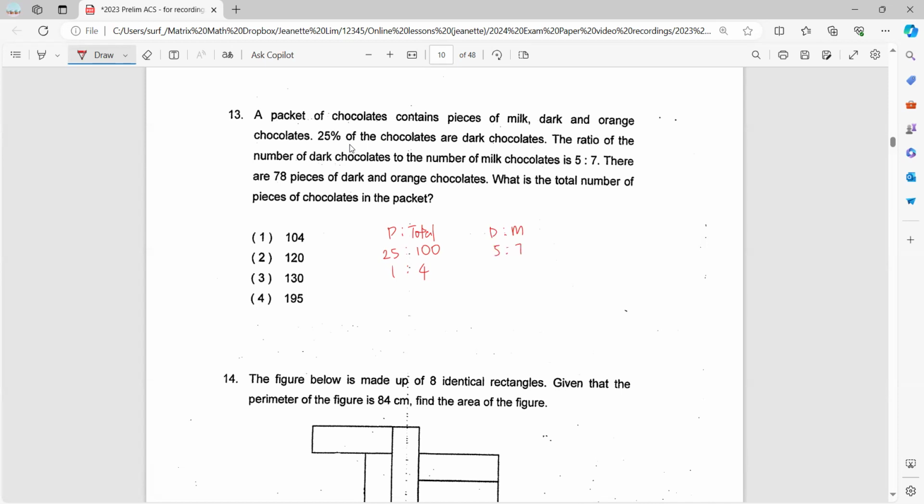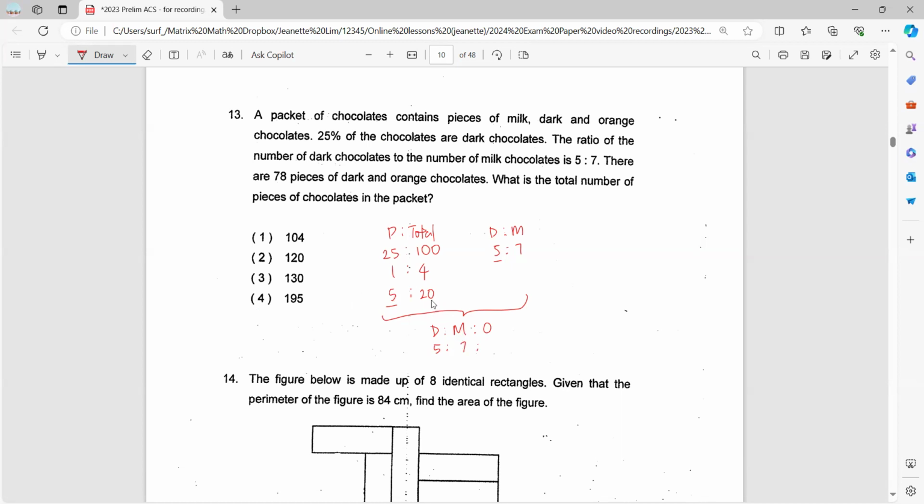Next, you have the ratio of dark to milk, which is 5 to 7, so we need to find a common base. Dark will be 5, and total is 20. If I combine dark to milk to orange, dark is 5, milk is 7, and orange will be 20 units minus the other 2, so 20 minus 5 minus 7, which is 20 minus 12.